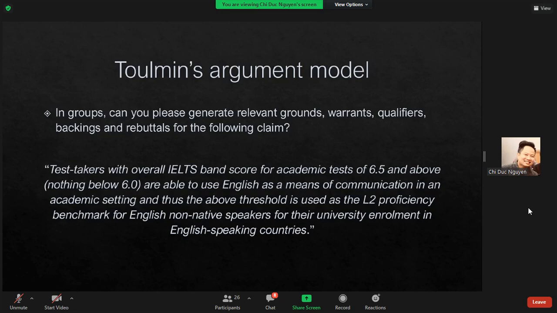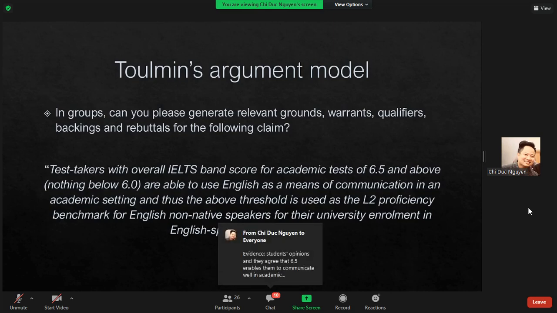Okay, so we have the claim, 6.5 is enough. Okay, and we have the evidence, which is student opinions. Yeah. And they all agree that 6.5 enables them to communicate well in an academic setting.